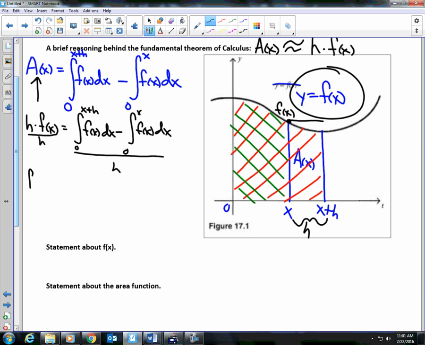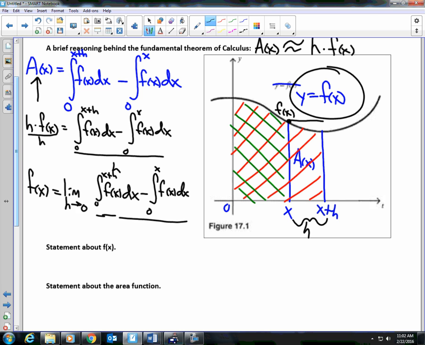And I get f of x is equal to the limit as h goes to 0, because we want to draw h closer together, of the integral from 0 to x plus h of f of x dx minus the integral from 0 to x of f of x dx all over h. And that's when I asked you, does that look familiar?